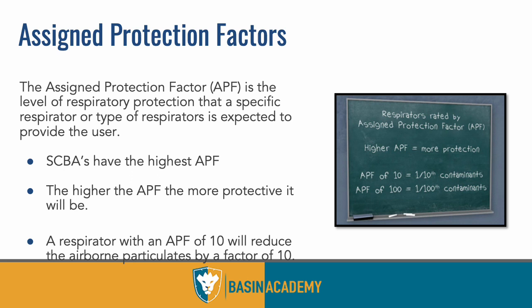Obviously, if you're giving yourself your own air supply, that's the highest APF possible, because we're not filtering anything out. We're not asking, is this filter good enough for the contaminant? We have our own air, right? But if we're wearing a filter mask, then we have to make sure that APF meets the demand of the chemical that we're working with, which is going to be given to us in the SDS.